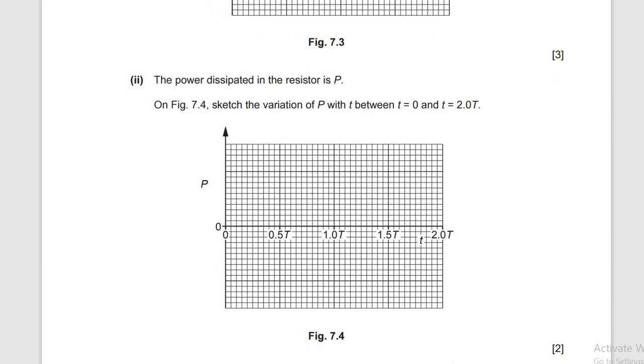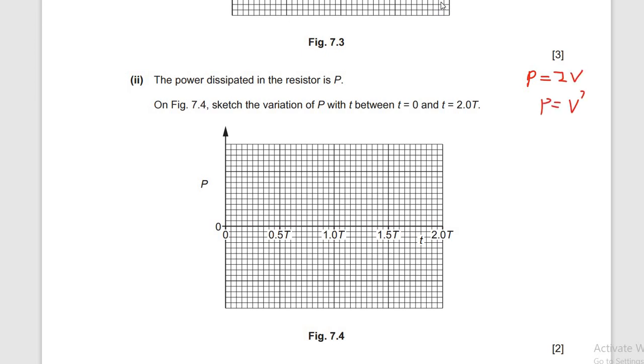The power dissipated in the resistor is P. Sketch the variation of P. Okay. The power and the voltage, we have the same graph. Power is equal to IV.